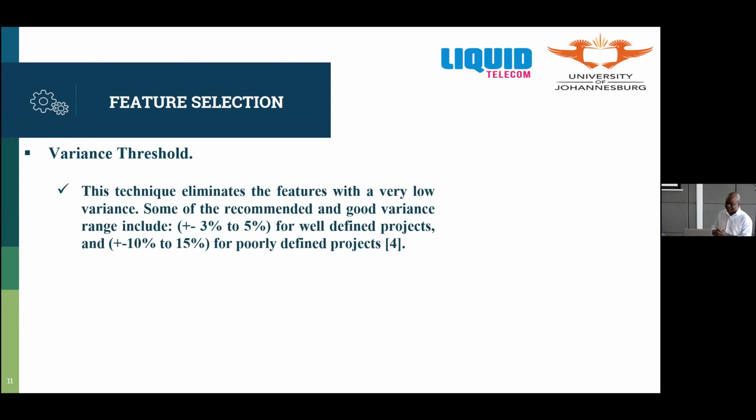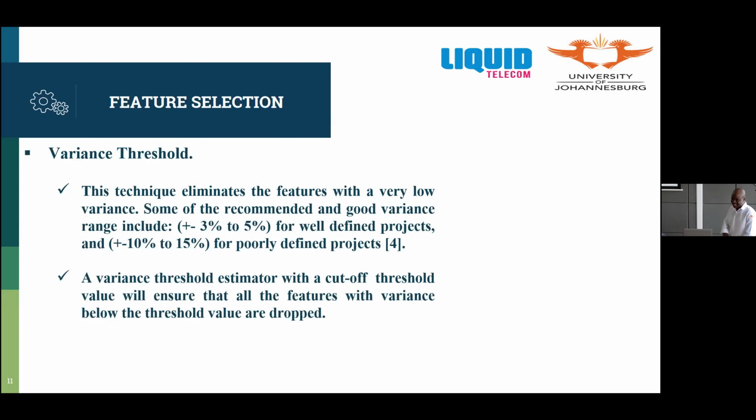When I say well-defined project, I'm looking at application. For example, I'm building this algorithm which I'm going to deploy to be used by people, you understand? So I'll stick the variance to 3 to 5%. If it's just research, just for the sake of observation, so it's not fully defined, you can use your variance between the interval of 10 to 15. All right.